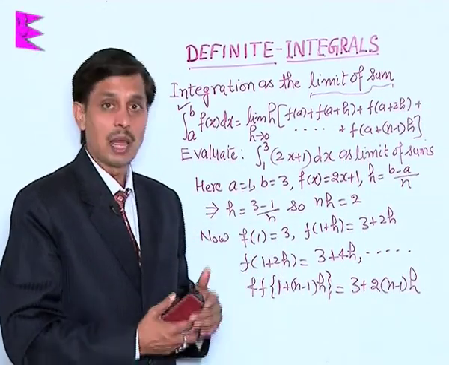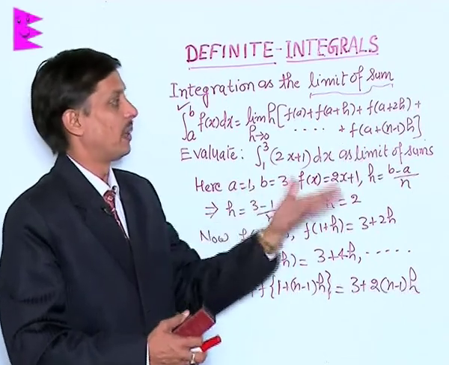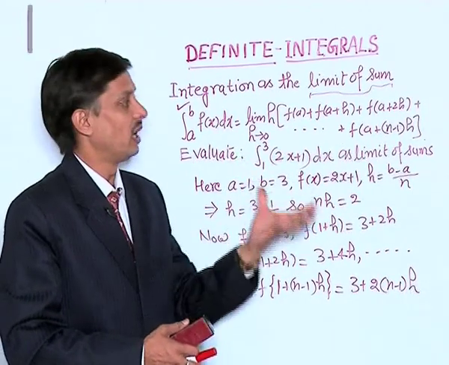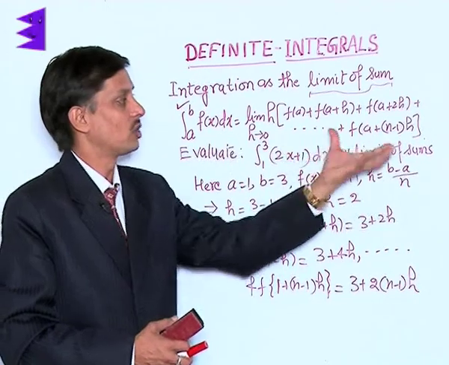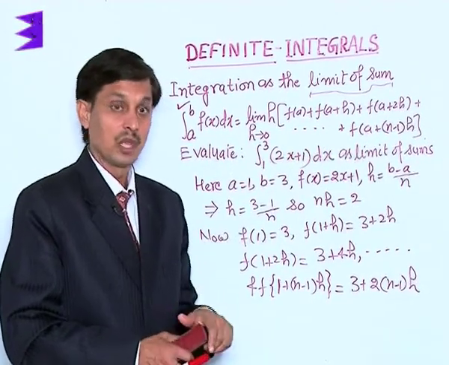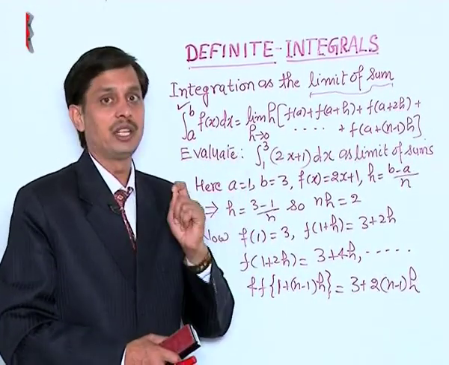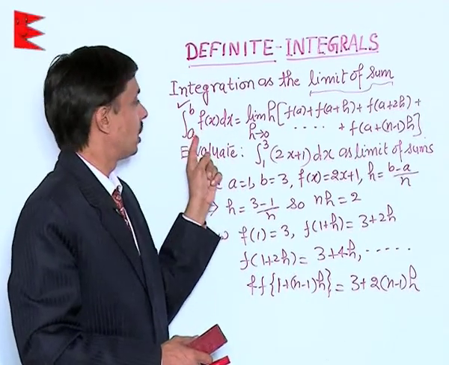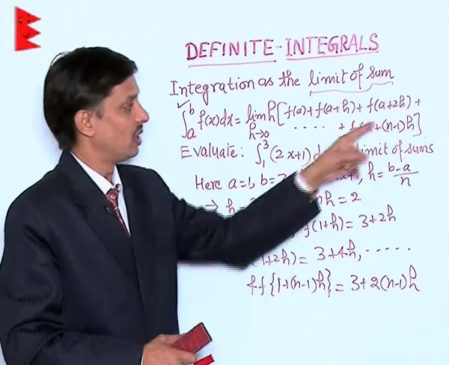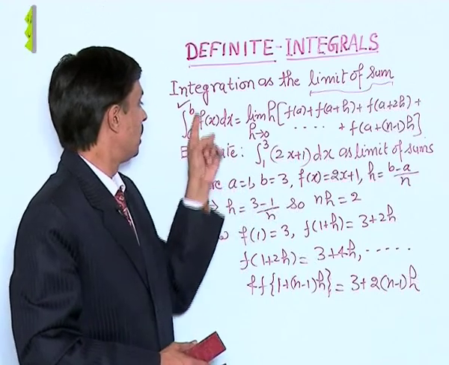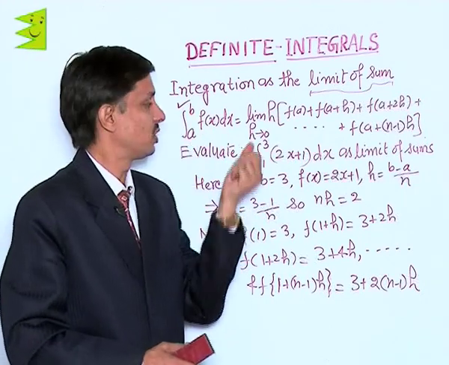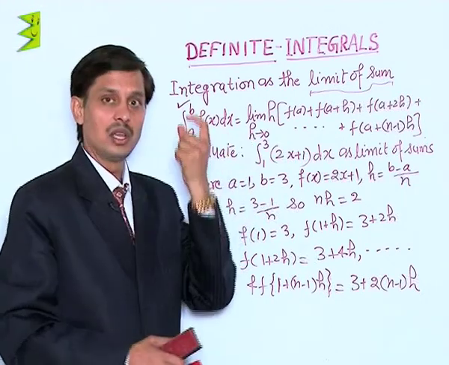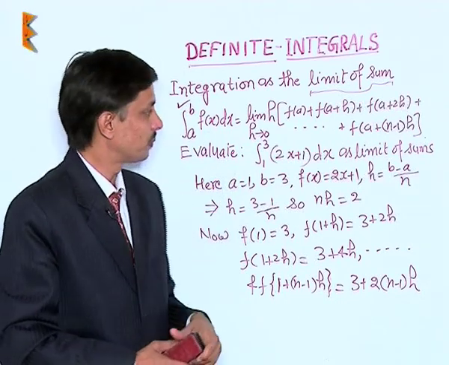Ultimately, we have separated the entire part into n parts of equal width h, where h is (b minus a) upon n. Here this is b, this is a, and h is a very small thickness, nearly equal to 0.